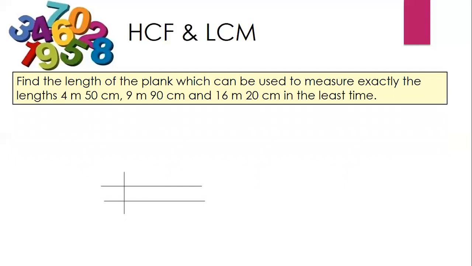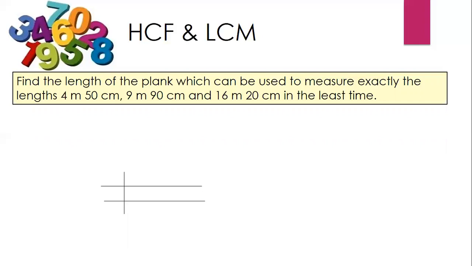So second question. Find the length of the plank which can be used to measure exactly the lengths of 4 meter 50 centimeter, 9 meter 90 centimeter, 16 meter 20 centimeter in the least time. This also explains the same logic as the previous one.